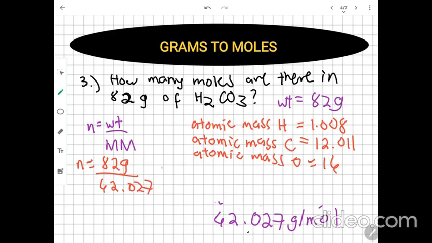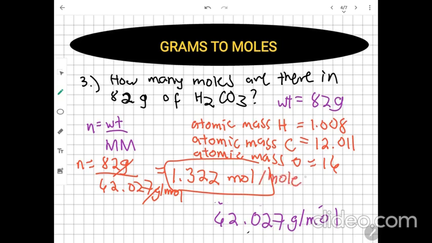And then let's have our value 82 divided by 62.027. So your value here is equal to 1.322, and the unit here is moles, right? Because here we have grams per mole, and we can cancel the grams, and now we're left with mole unit. So the answer here is 1.322 moles. Okay, mol or moles, that's fine. You can also write moles.